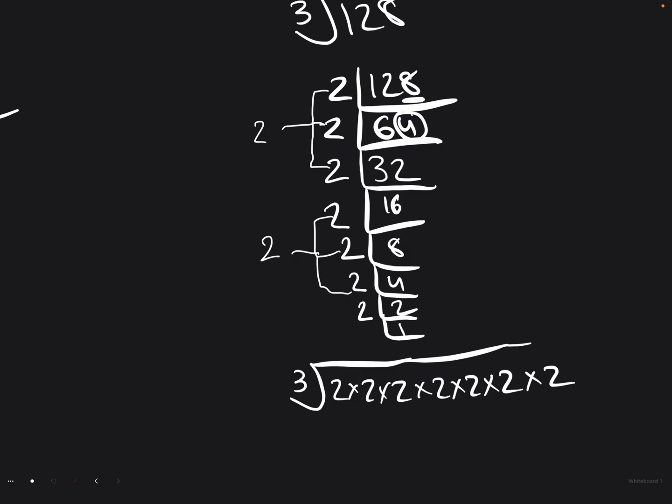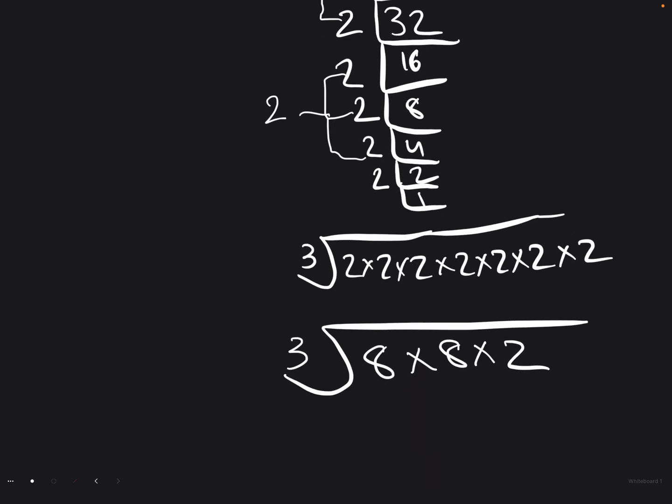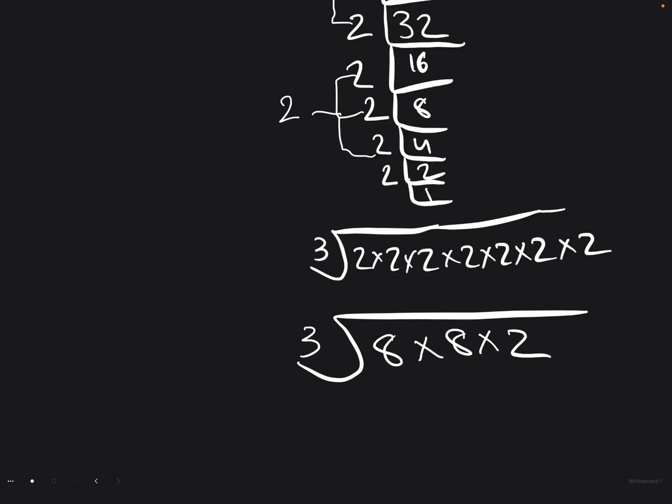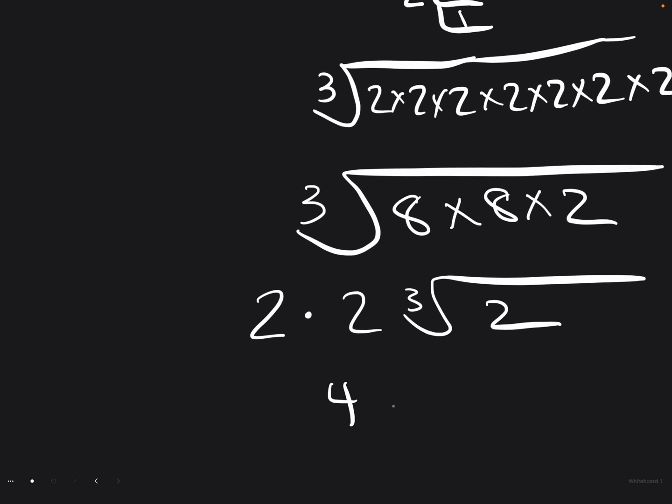So it's basically saying the cube root of 8 into 8 into 2. The cube root of 8 is 2, so we can take 2 out and we'll leave this 2 in here. This becomes a 4. This becomes the cube root of 2.